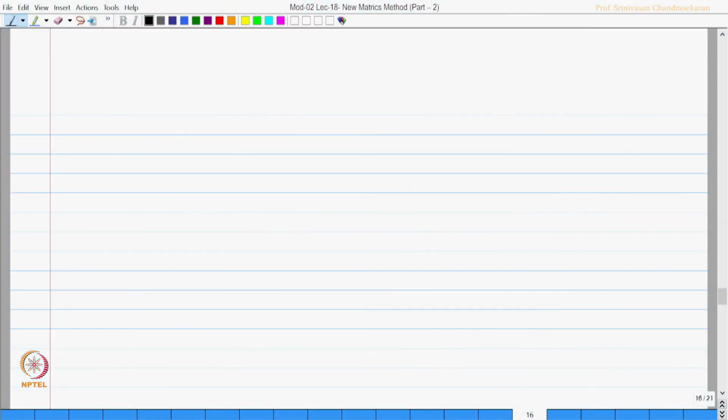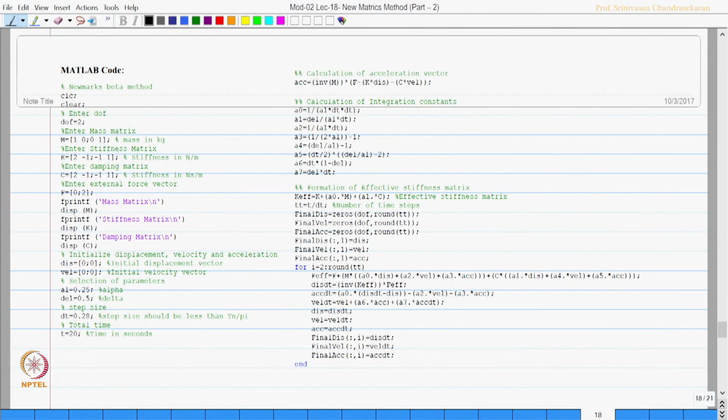So, let us see the computer coding of this. This is my computer coding which we just now explained. We have entered the degrees of freedom, the mass matrix, the stiffness matrix and also the damping matrix. We have entered the initial force vector, we have computed and we have printed the mass matrix, the stiffness and damping for verification.